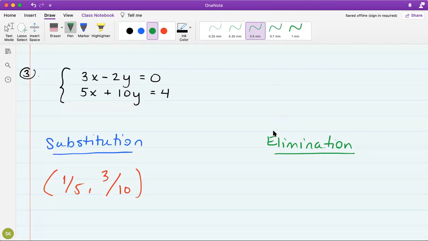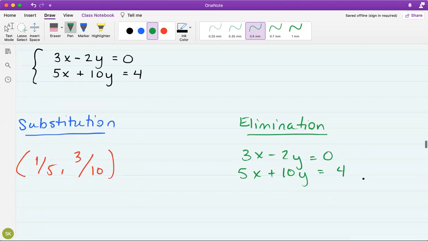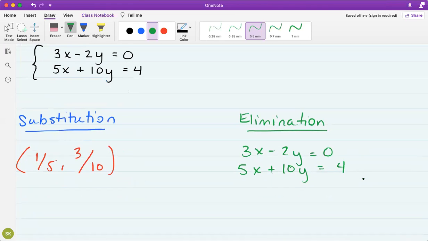Okay, so to use elimination, I'm going to copy the problem down over here again. And then I ask myself, what variable do I want to get rid of? And what do you think would be the easiest variable to get rid of? Notice that if I just add these two equations together, I won't get rid of anything.